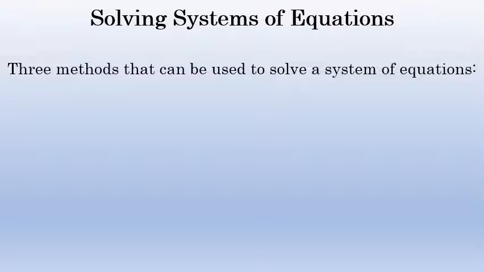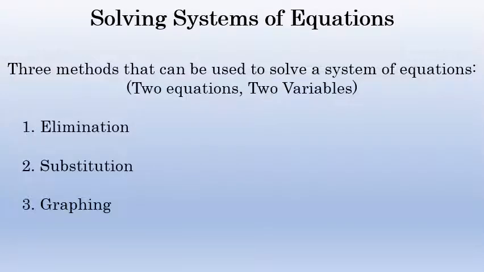You could use that for solving most systems of equations. However, some systems of equations lend themselves to being solved easier with one method or another, and you'll get better at choosing which method is best with a little practice. The three methods that we'll discuss today for solving systems of equations are the elimination method, the substitution method, and graphing.